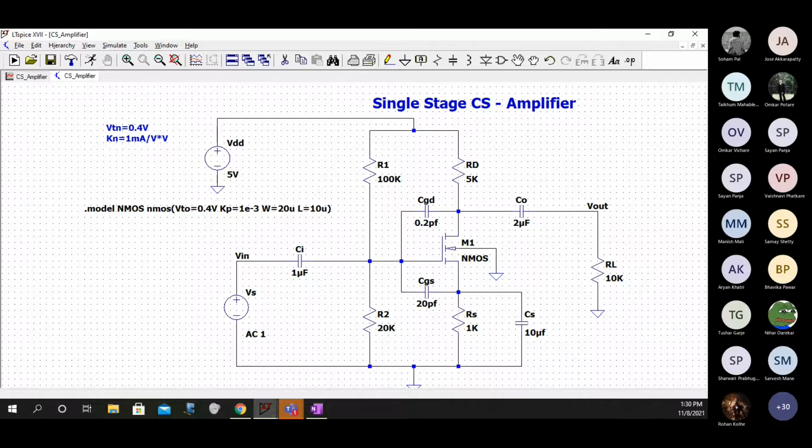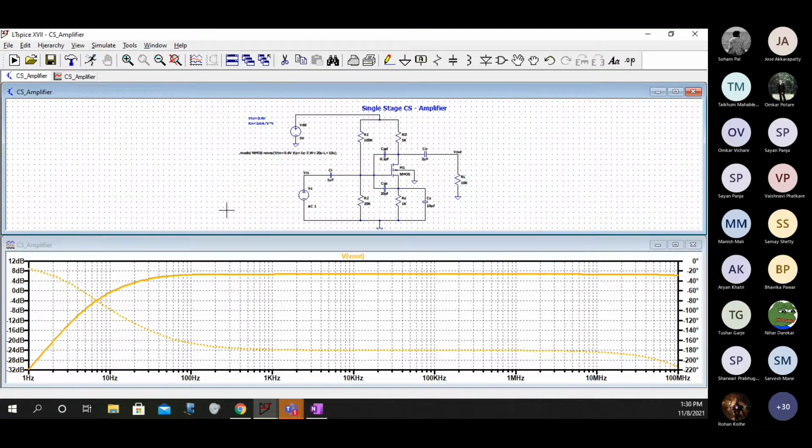So I want you all to first put these two capacitances, named exactly the same way, and post it in the chat box. Now I will simulate this thing.